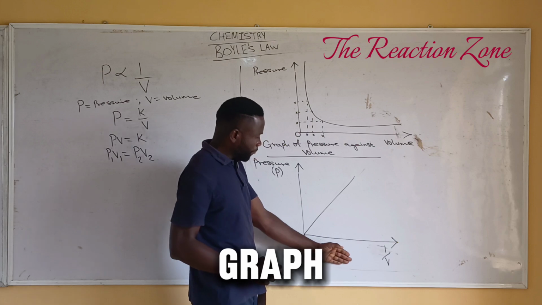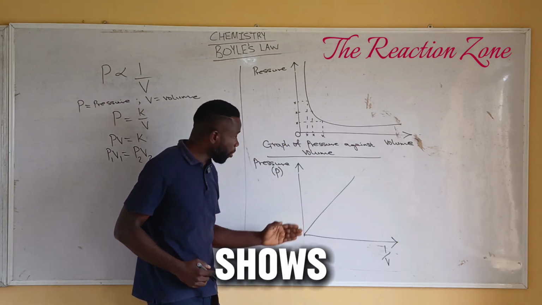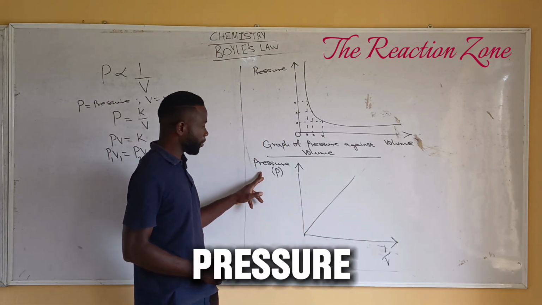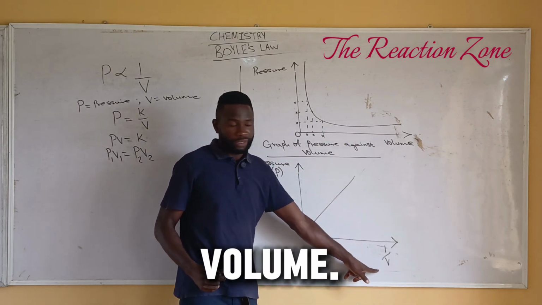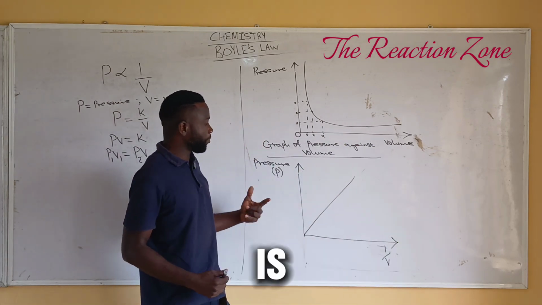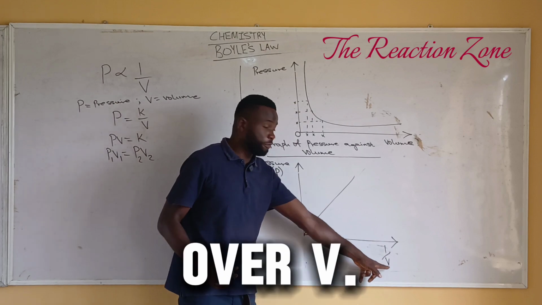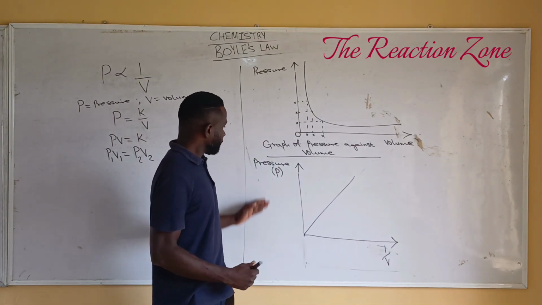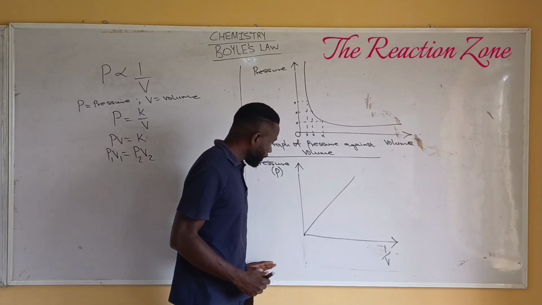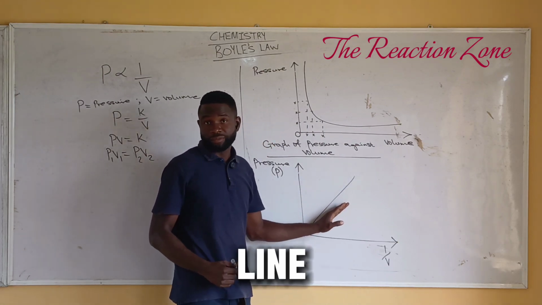The second graph shows a plot of pressure against the reciprocal of volume. The reciprocal of volume is represented by 1 over V. And we can see that this graph gives us a straight line.